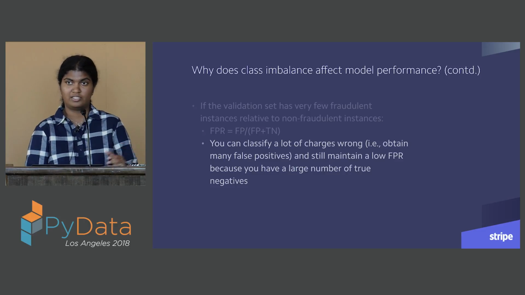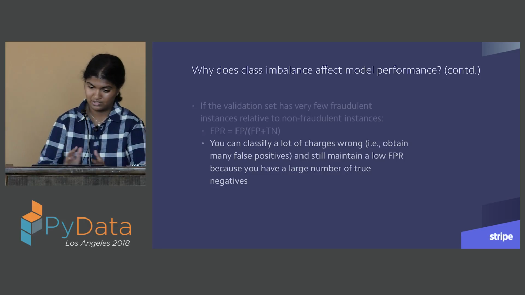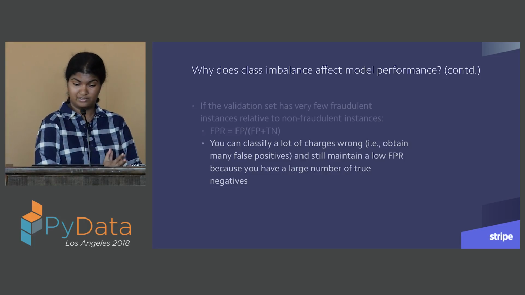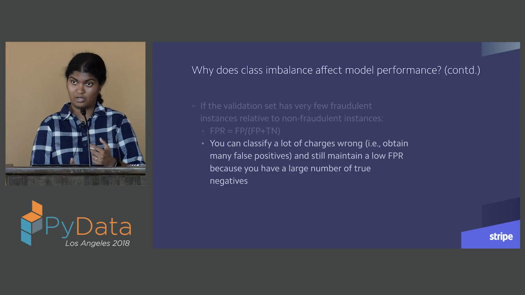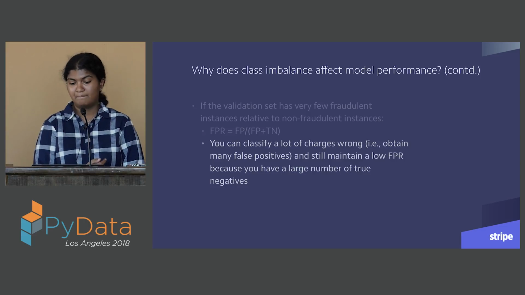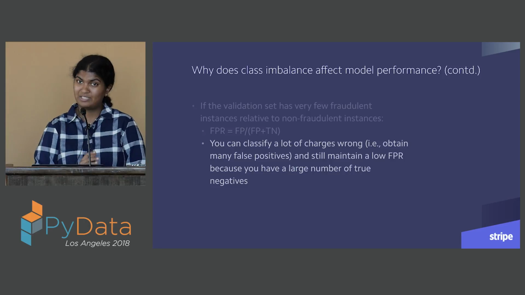True negatives are legitimate transactions that the model correctly said were legitimate and didn't block. If your validation set is very imbalanced, you can classify a lot of good charges wrong and still have a relatively low FPR because the true negatives part of the denominator in FPR is really, really large.